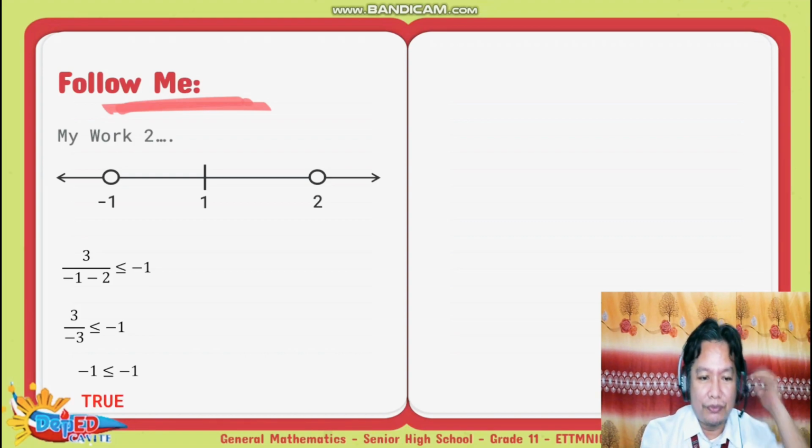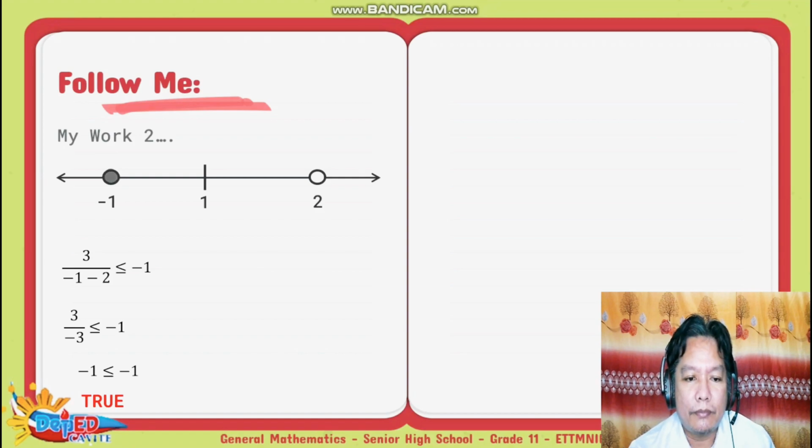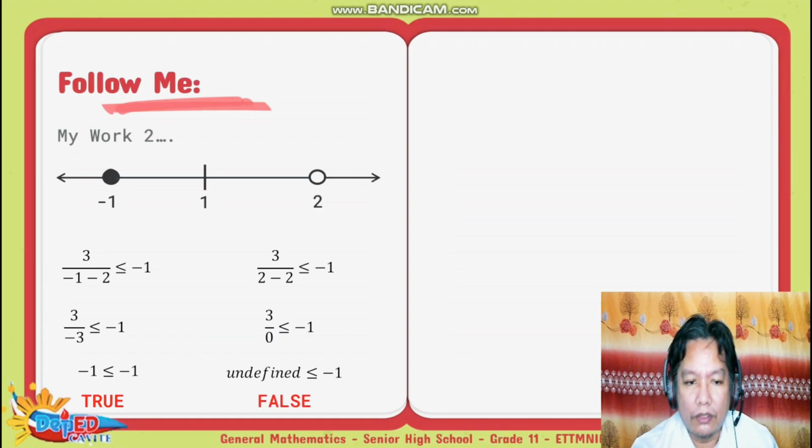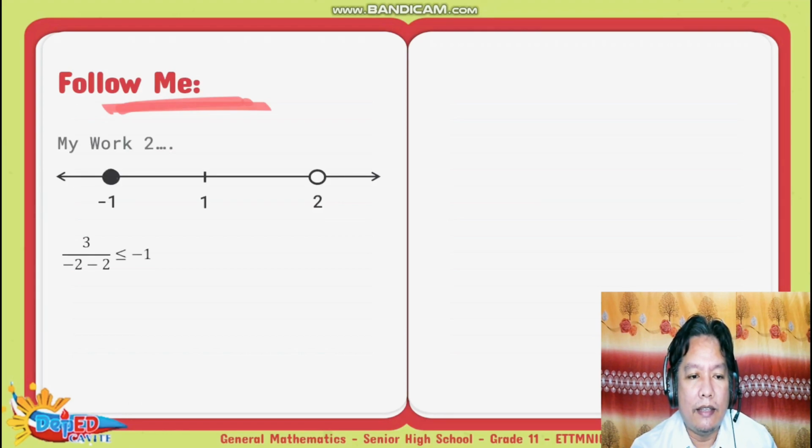So that is true. -1 is equal to -1. If our x is 2, okay, 2 minus 2 is 0, and 3 divided by 0 is undefined. Therefore, it is false.